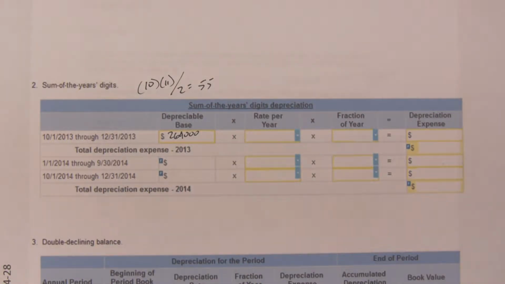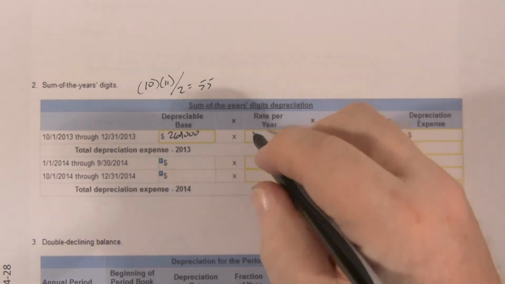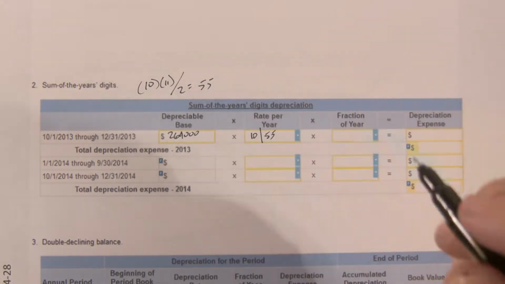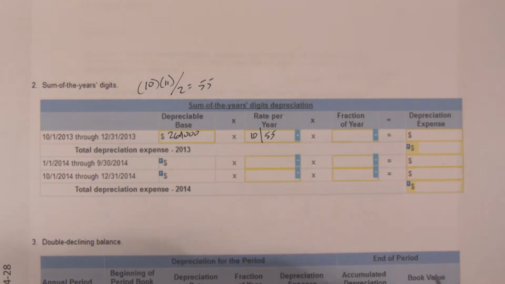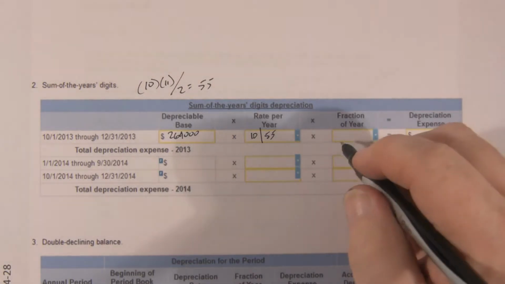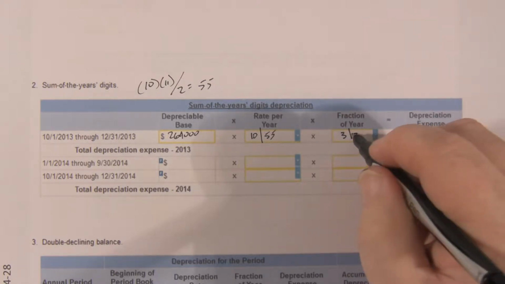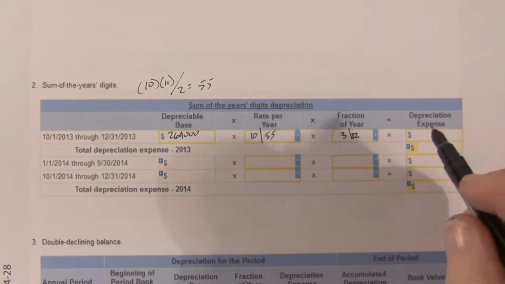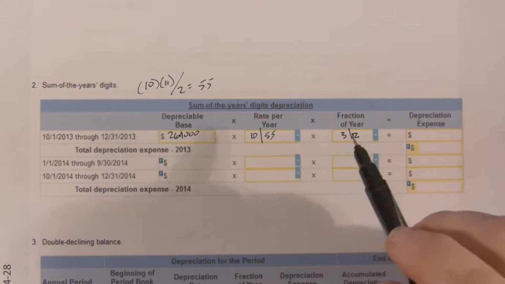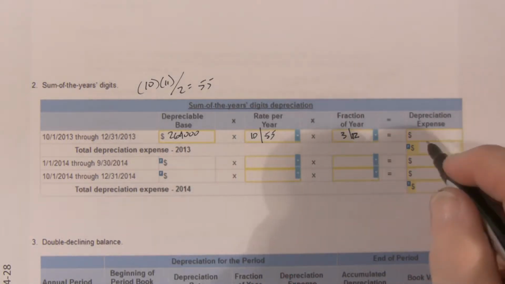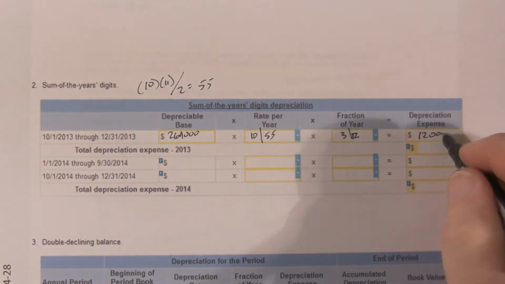So year 1, we can take 10/55ths. But we only have that for 3/12 of a year. So when you multiply the 10/55ths times the 3/12 times the 264,000, we come up with 12,000 for year 1.